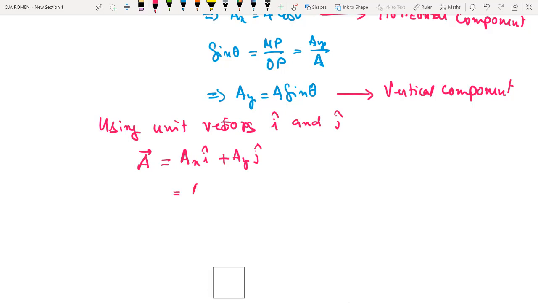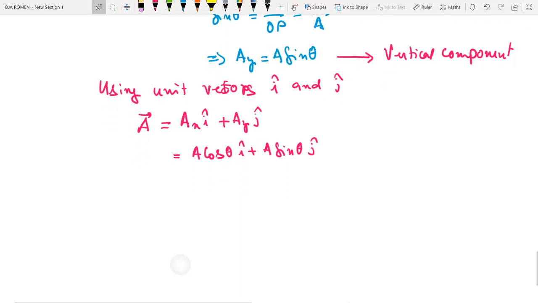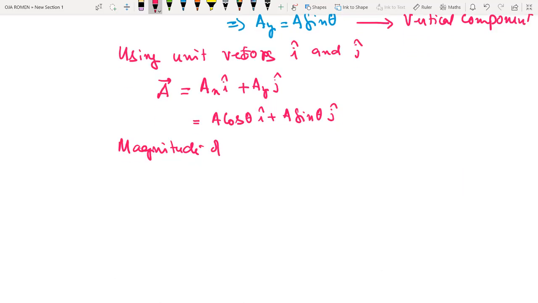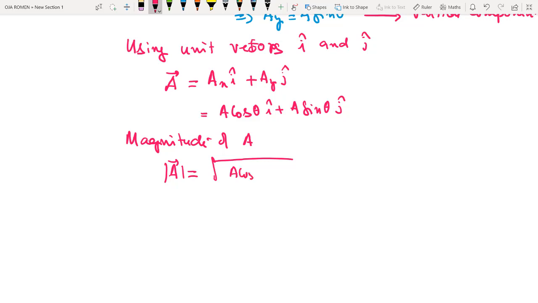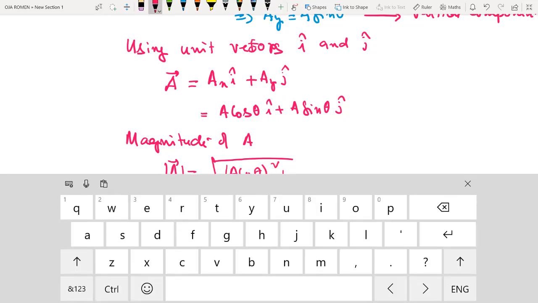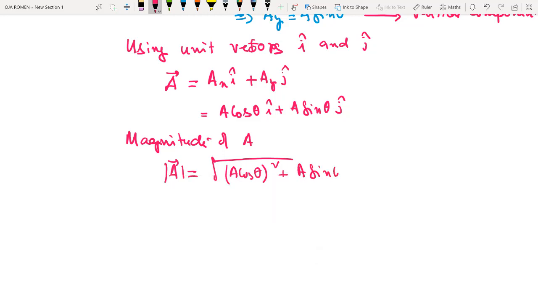AX is A cos theta I plus A sin theta J. Then the magnitude of A, say A equal to root of A cos theta whole square plus A sin theta whole square. So this is A.